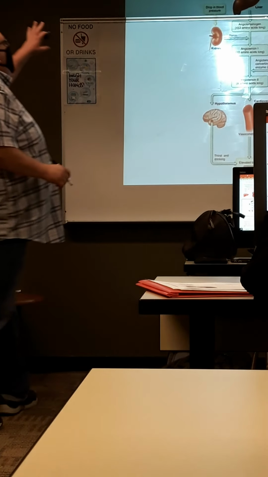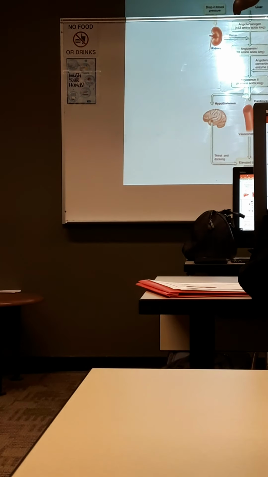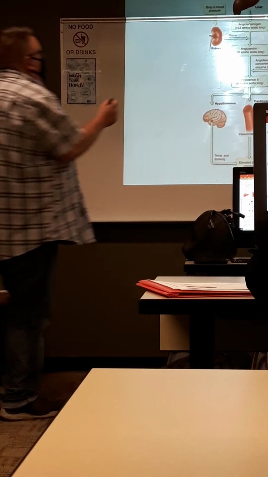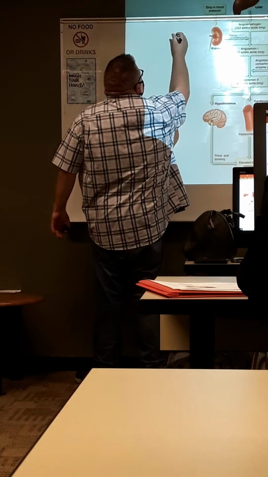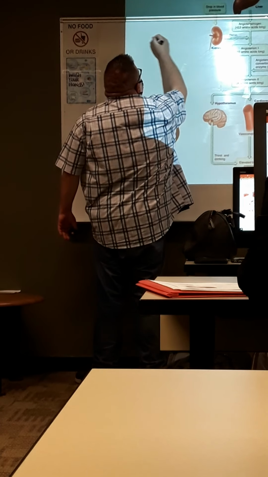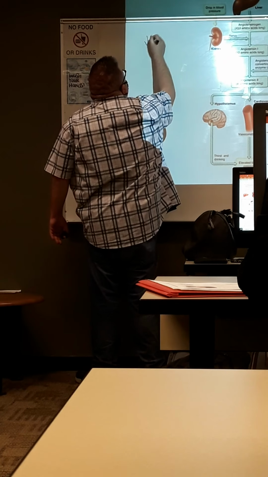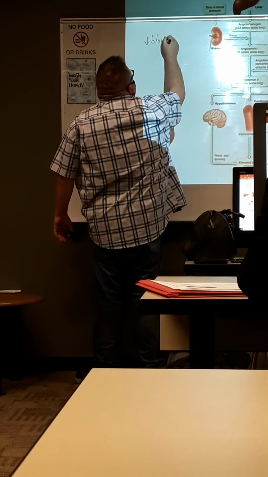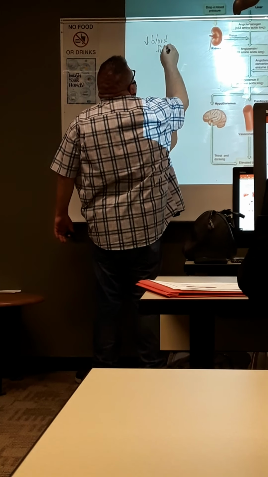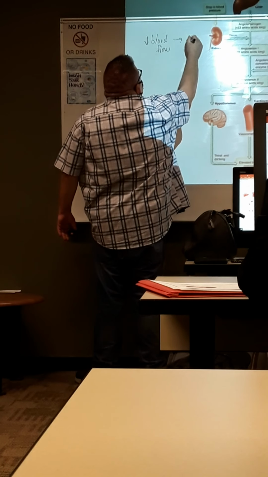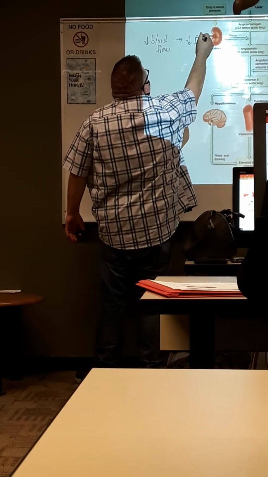So on top of the screen you have a drop in blood pressure. So the stimulus, or what stimulates this, is a decrease in blood flow, which is going to cause a decrease in blood pressure.